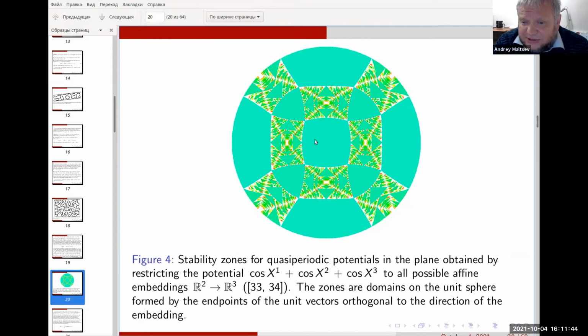These integer numbers are different in these green zones. And so we can see that the complement to this union of infinitely many stability zones gives us some kind of fractal with some Hausdorff dimension, which is in this case less than 2.